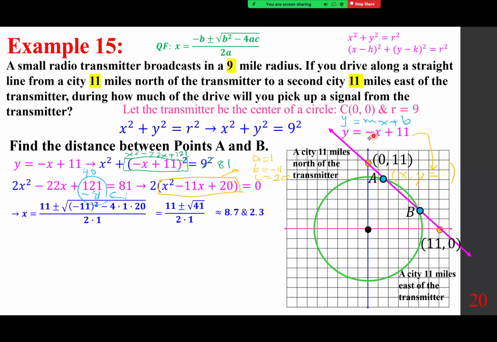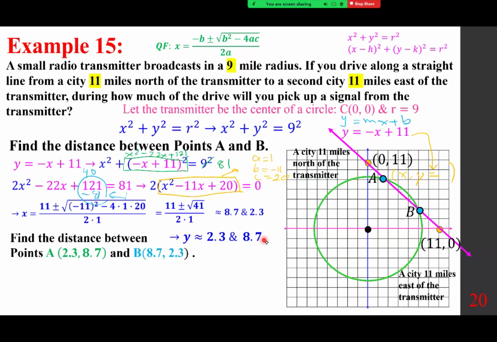It's easier to use the line. If you plug in 8.7, you can find the y. If you plug in 2.3, you can find the y. For 8.7, the y is 2.3. For 2.3, the y is 8.7. Therefore, A has coordinates (2.3, 8.7) and B has coordinates (8.7, 2.3).